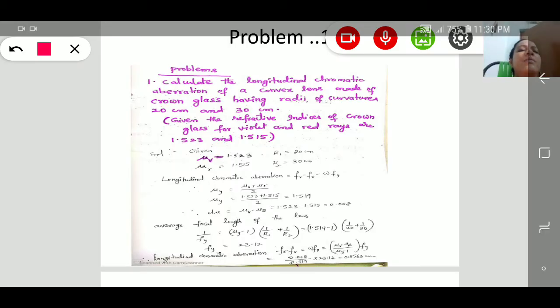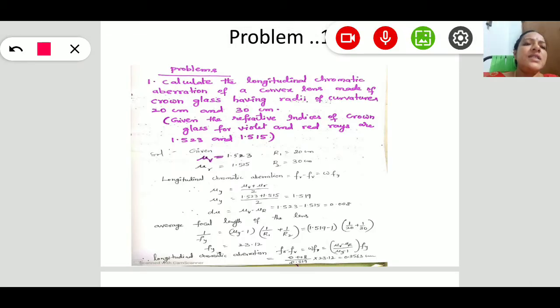By seeing this problem, what we understand is that he is asking to calculate the longitudinal chromatic aberration. Longitudinal chromatic aberration is FR minus FV. This is equal to omega into F, the product of dispersive power and average focal length.